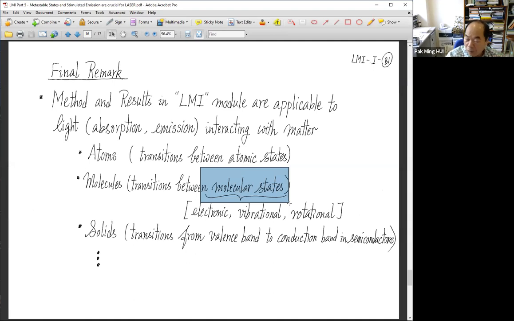By that, I mean the following. In a molecule, these states can be of different natures. There are electron states, meaning states for electrons to fill in according to the Pauli exclusion principle. That's what we did in atoms. But molecules have something more than atoms.